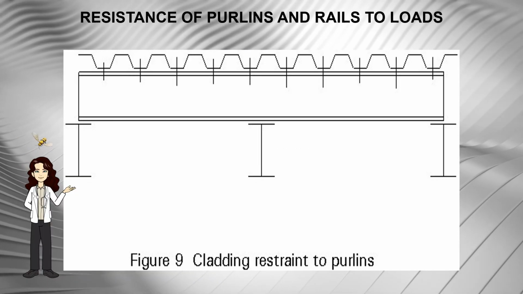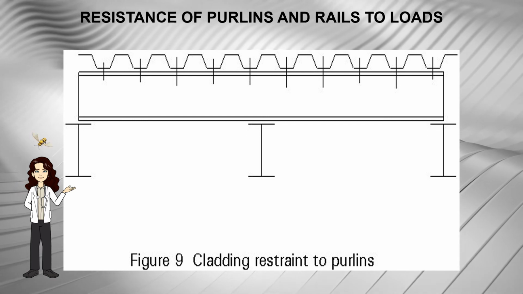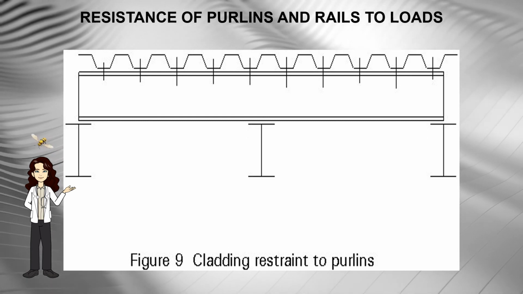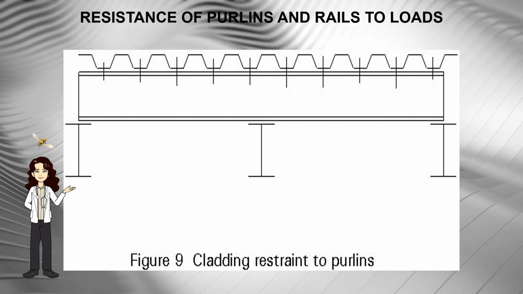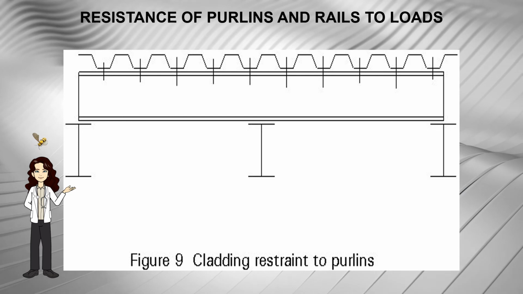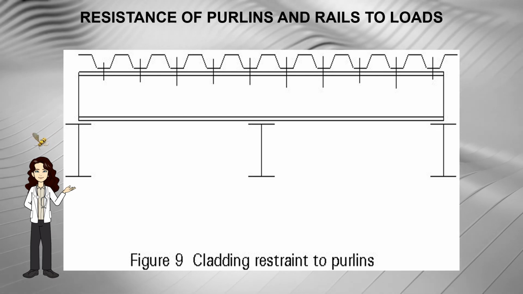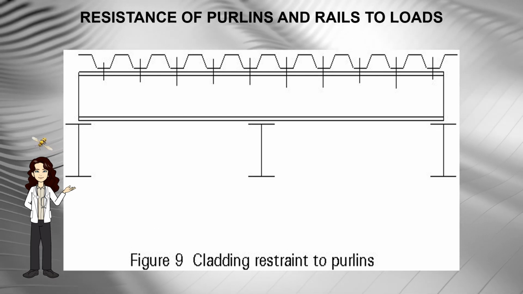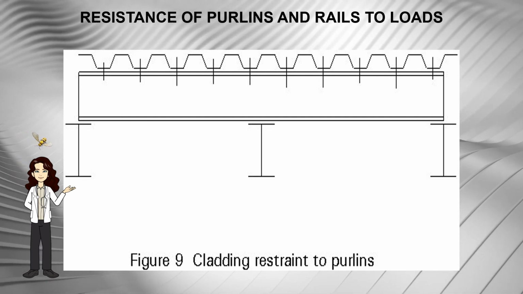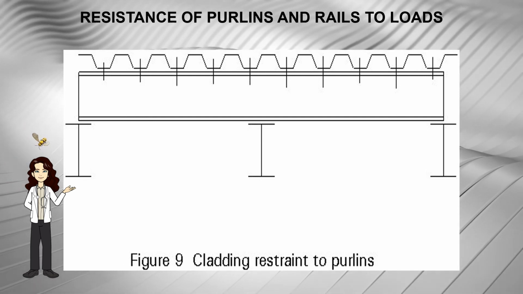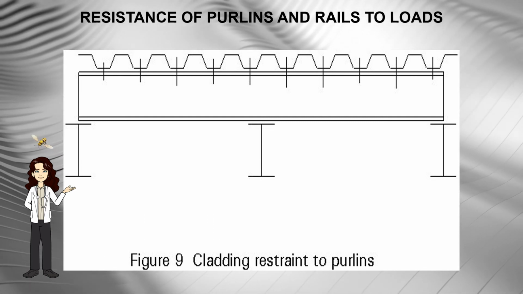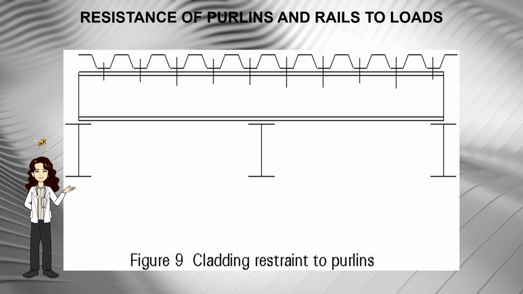Cold form sections manufactured from thin gauge materials are particularly prone to twisting and buckling due to factors which are directly related to the section shape. When used in service, the support system is subjected to downward loading due to dead load and live loads arising from the weight of the cladding, services, etc., and uplift if the design wind pressure is greater than the dead load of the system.